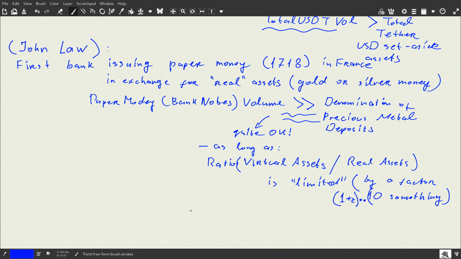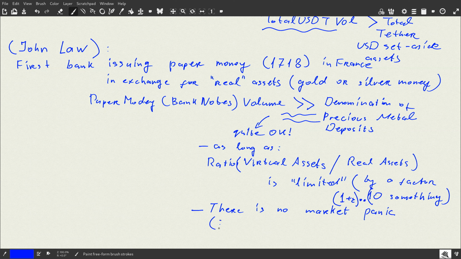as long as. And the second condition is there is no market panic. And that's very difficult to satisfy.